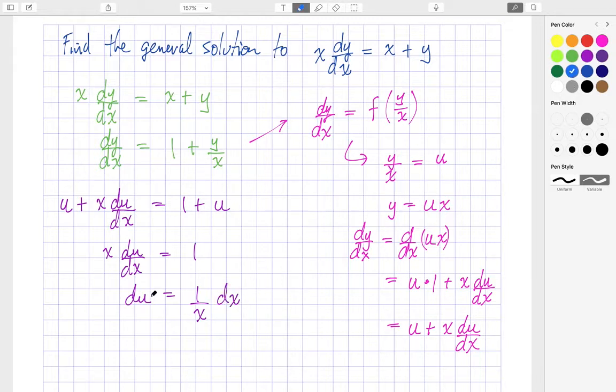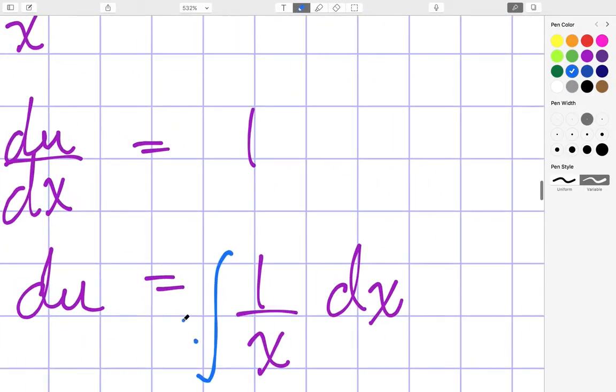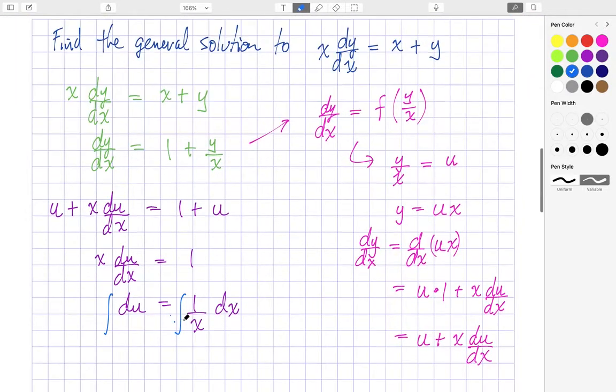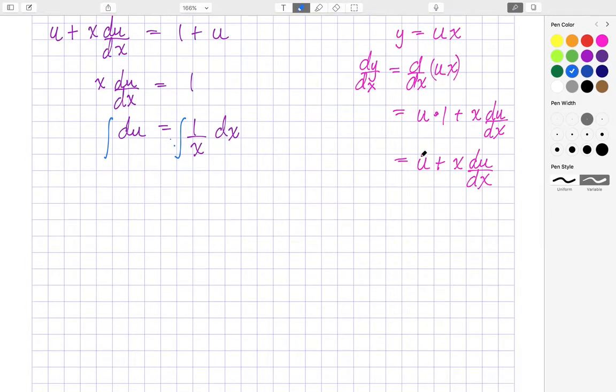As before, I will integrate both sides. And what do I get from that? Well, I get, on the left-hand side, just a plain u, and on the right-hand side, I have ln absolute value x plus a constant, my arbitrary constant. Now we go back and replace u with the y over x that we originally had.